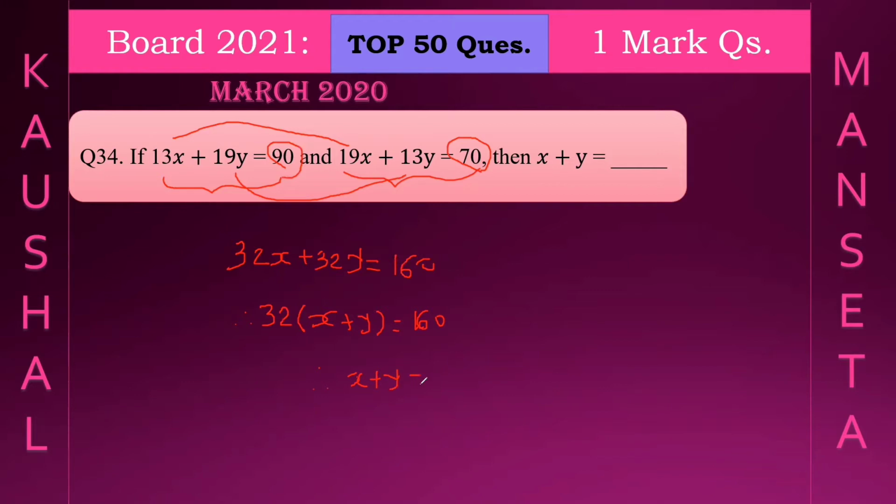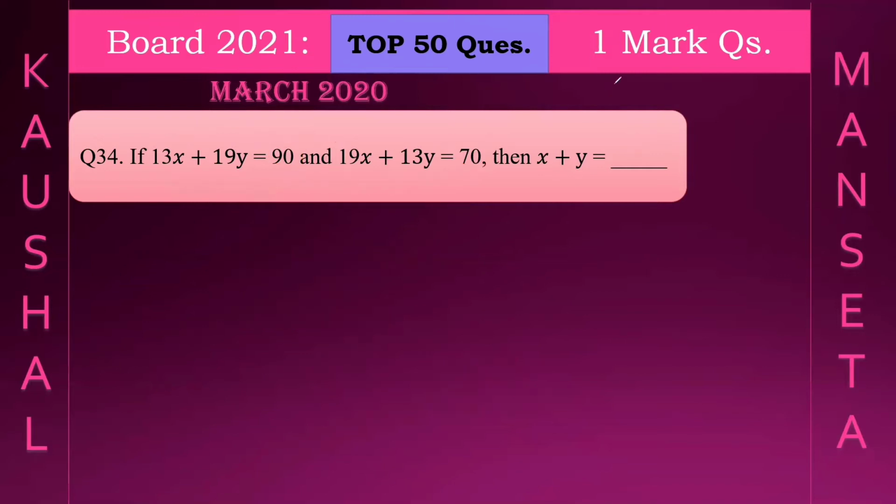We can also write 16 into 10 upon 32. 16 twos are 32, so 16 will be cancelled out, and 2 fives are 10. So the value of x plus y gives 5. Is it clear? So x plus y equals 5.